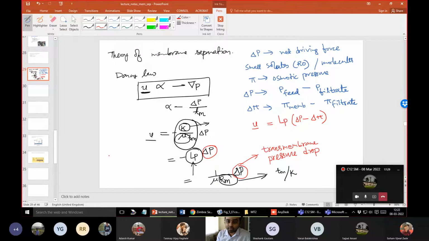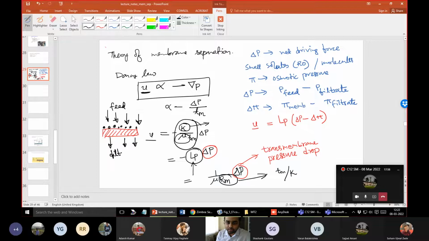So think of this system where you have, let us say, a small membrane, and this is the feed side. On the feed side, the solutes are retained over the membrane surface. This is the permeate side, where the concentration of these solutes is significantly less or close to zero.